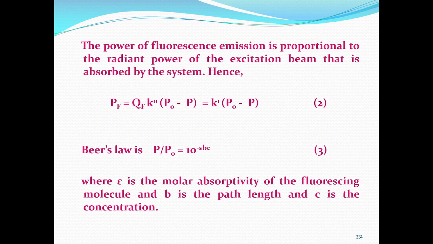So, obviously we can write an expression something like this, that is Pf is equal to Qf and then a second constant K2 and then P naught minus P. So, put all this together, Qf and K2, we can write K dash or K1 into P naught minus P.